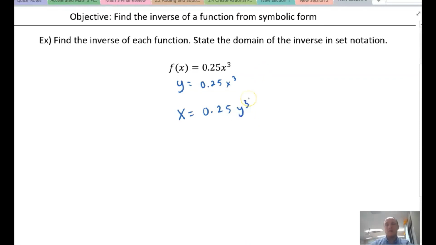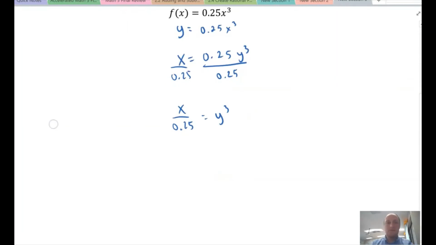Okay, so now what I want to do is I'm going to divide both sides by 0.25, and we get x divided by 0.25 is equal to y cubed. Okay, got to solve for y. How do I do that? Well, you take the cubic root.